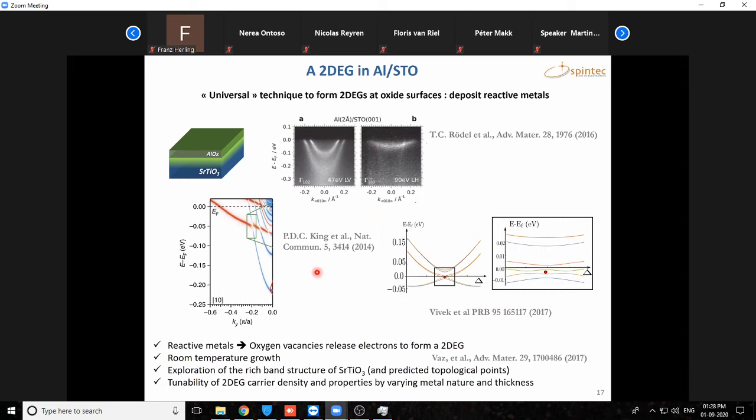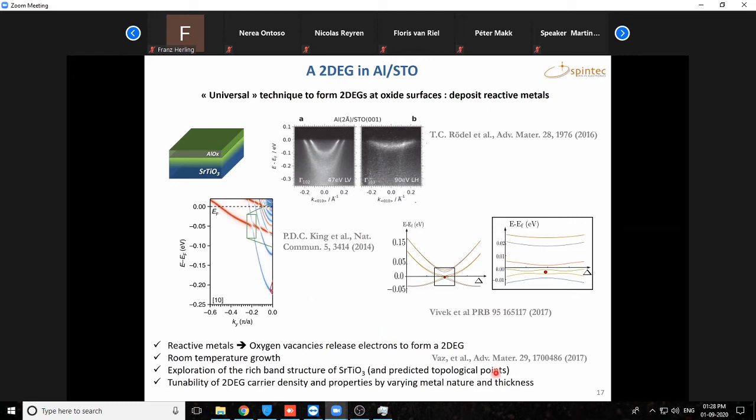King et al. have also found that at some peculiar point of the band structure, you have some anti-crossing, where you can have some band inversion. So this has been called a non-trivial topological point. And we expect that the spin-orbit coupling can be enhanced by the hybridization of the bands in the vicinity of the anti-crossing points.